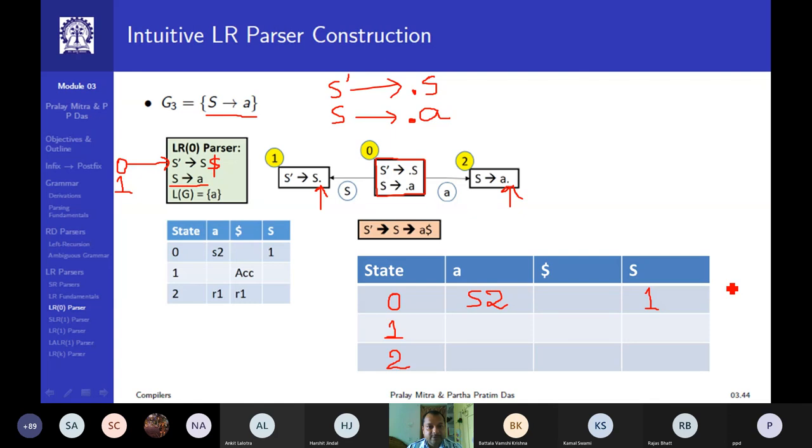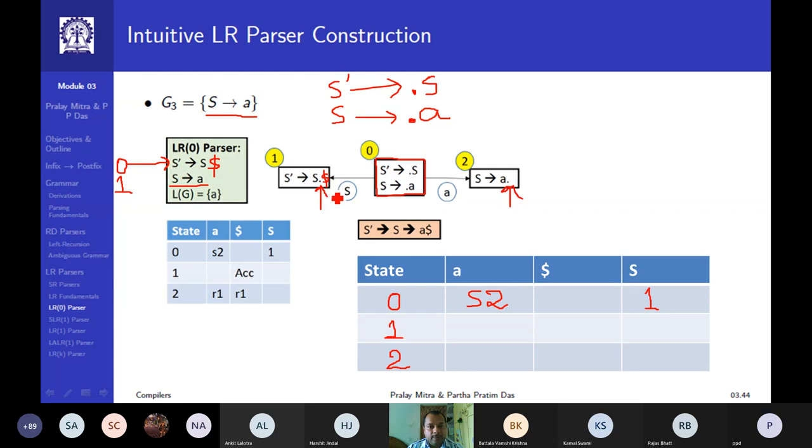Right? Now standing at state 1, if I see dollar, now you look at the production rule 0. In the 0th production rule, I say that augmentation is required because I am appending dollar. Dollar indicates the end of the string. If it is so, then S prime derives S dot indicates that after the dot there is a dollar symbol, right?